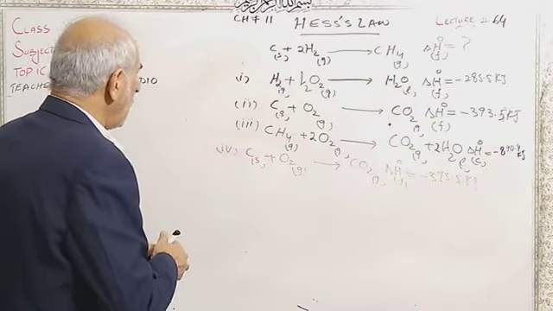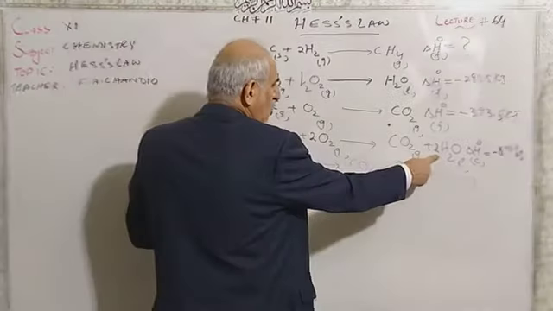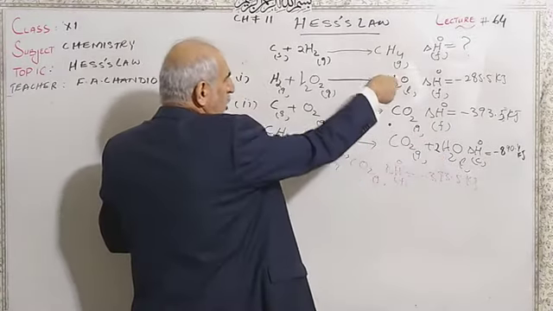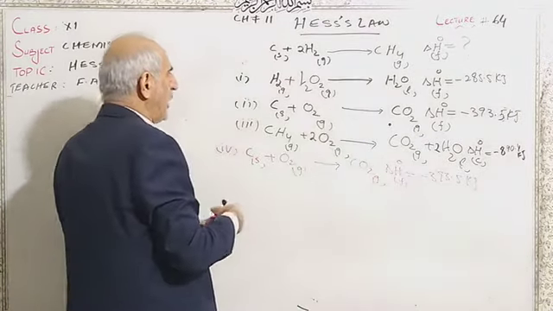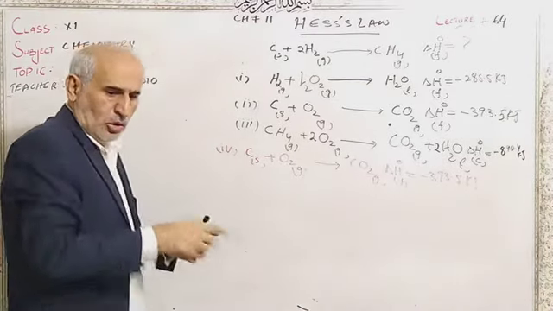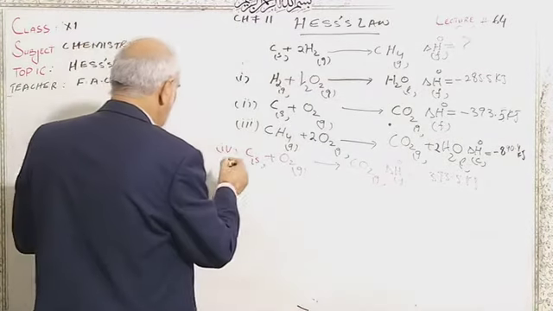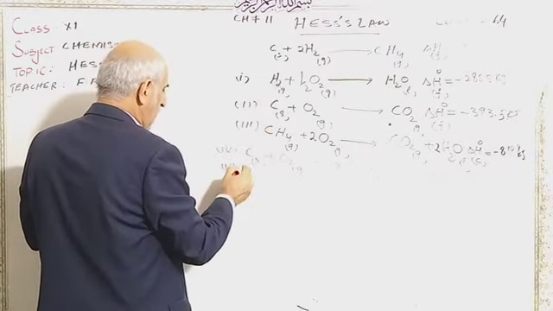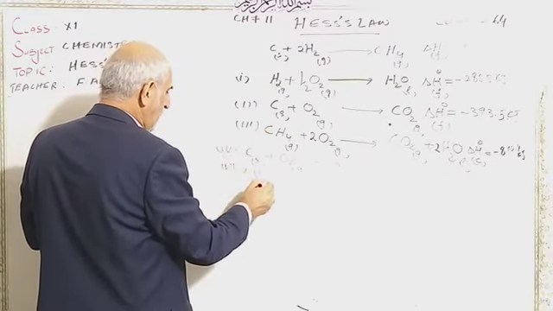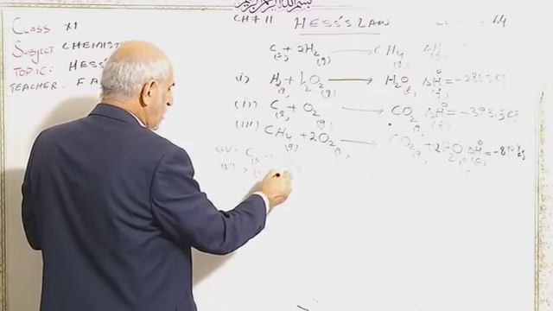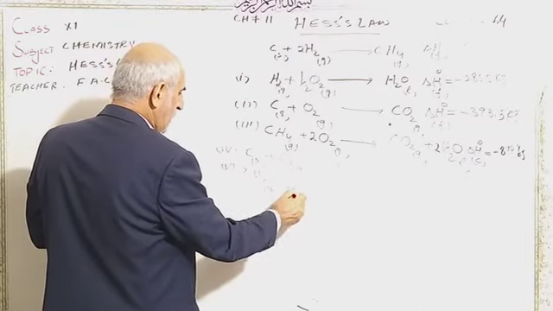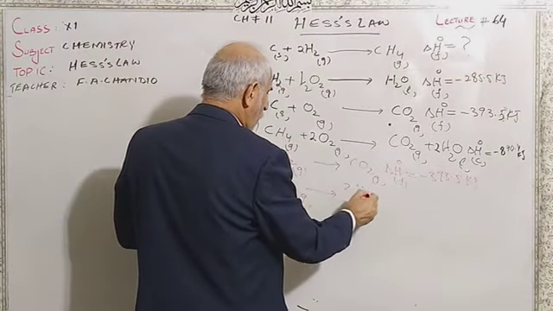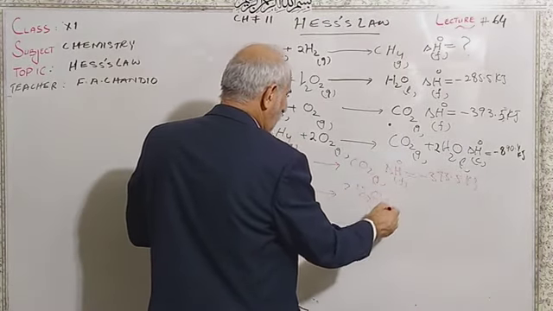Now you are seeing there are 2 moles of water in the main combustion equation, so multiply this equation by 2. This is equation number 5. Now I am going to multiply by 2: hydrogen gas, plus 1 mole of oxygen gas, and you will get 2 moles of water liquid.